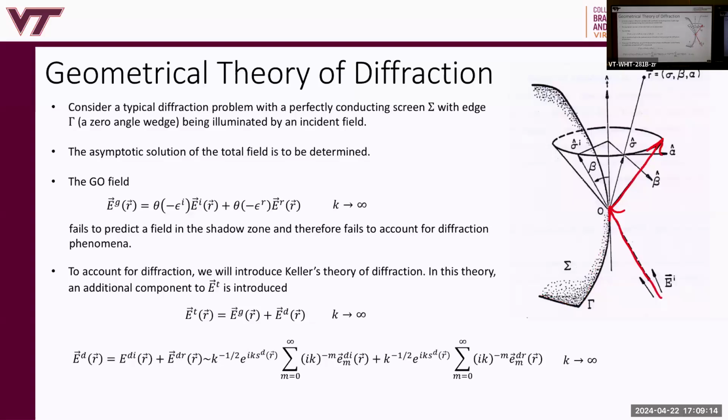The curved surface still has Snell's law of reflection. If it's a sharp edge, you actually get a whole family of rays with that same angle, right? So this incident ray has angle beta with respect to the tangent to the edge, and a whole cone of angles called a Keller cone with the same angle beta.